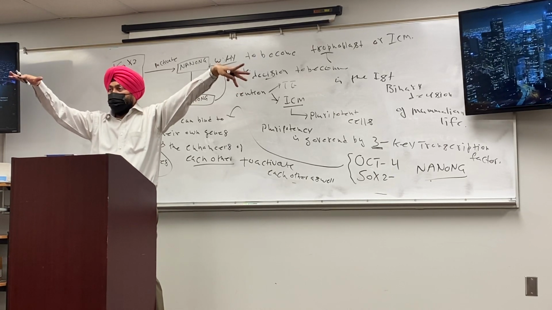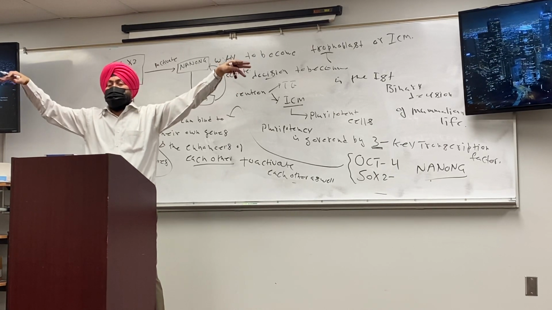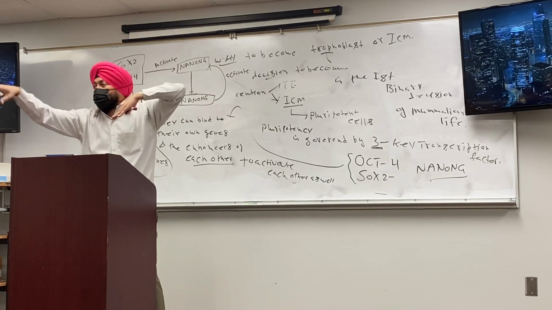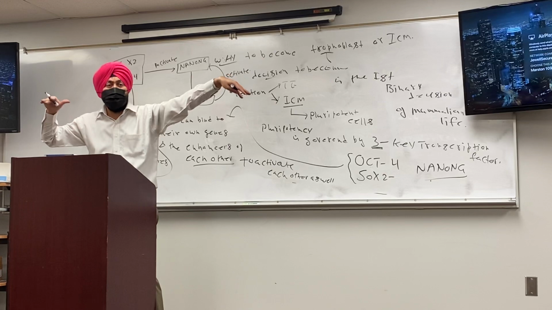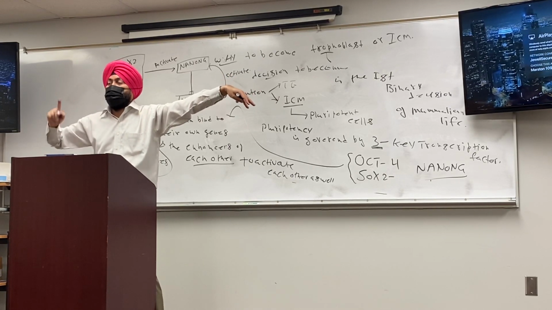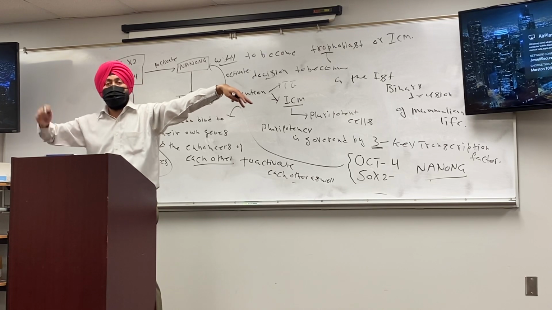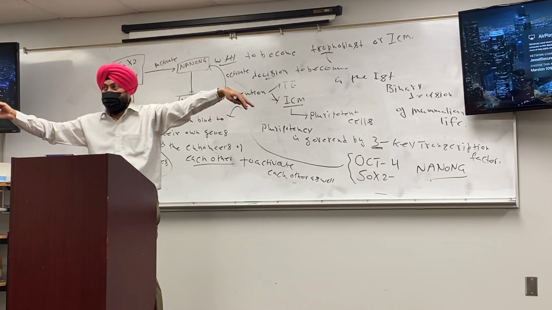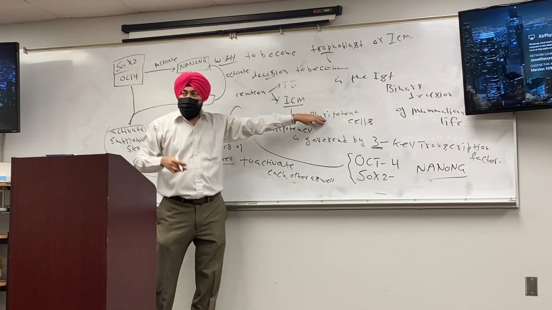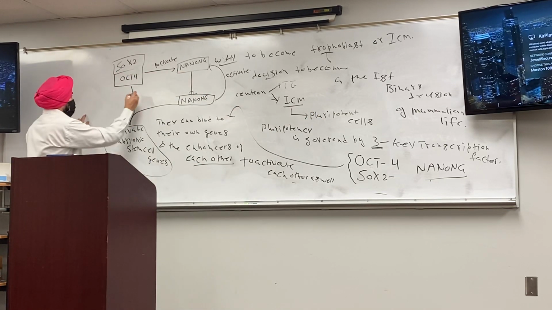And undifferentiated means that their chromatin is open. It is not going toward one side or the other. That means they are totally hypomethylated, but they have the capability to transcribe every gene, which can give you every cell type of the body. So that is called stemness.